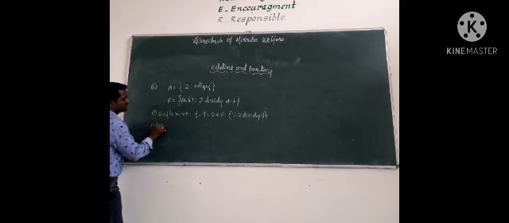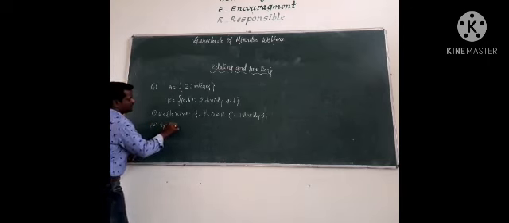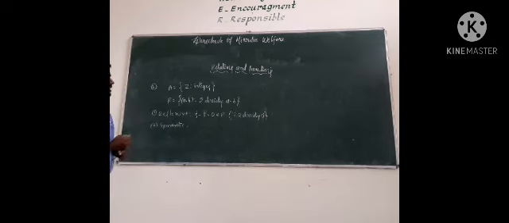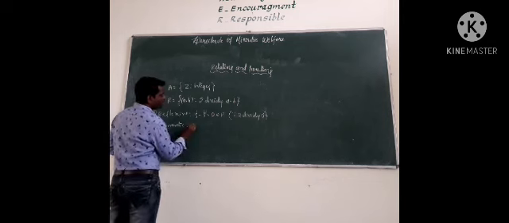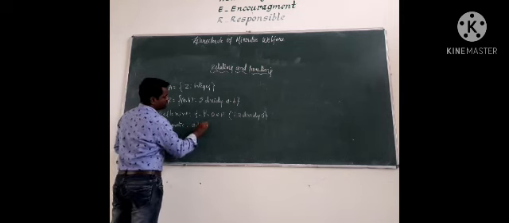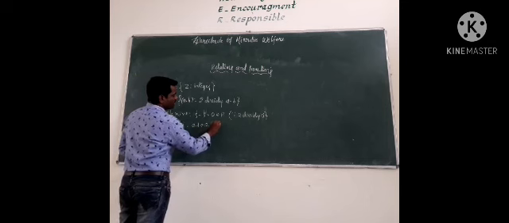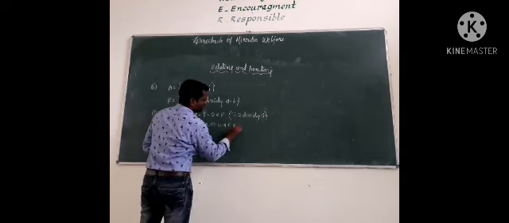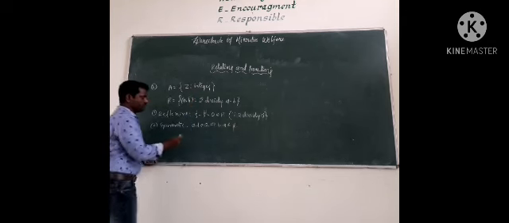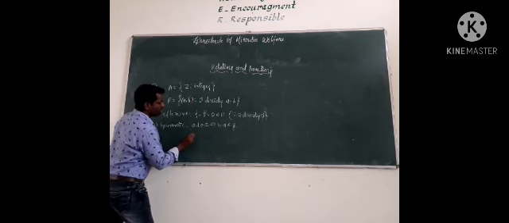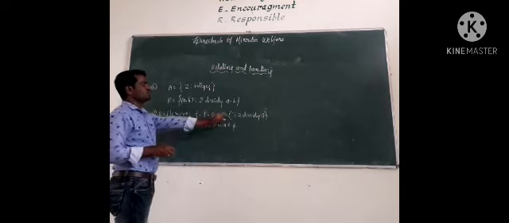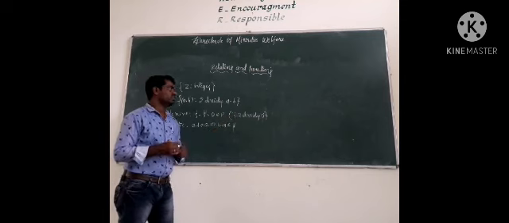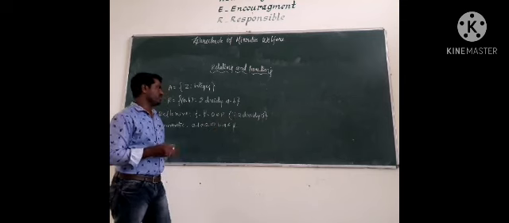Now symmetry. We know the condition for symmetric: (a, b) belongs to R implies (b, a) belongs to R. That means you can take any number such that 2 divides a minus b.